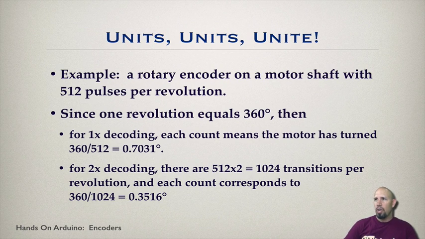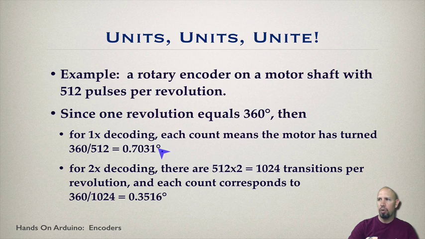Since one revolution is 360 degrees, then for 1x decoding, each count means the motor has turned 360 divided by 512. 360 degrees per revolution, 512 counts per revolution, and so each count means it has rotated by 0.7 degrees.